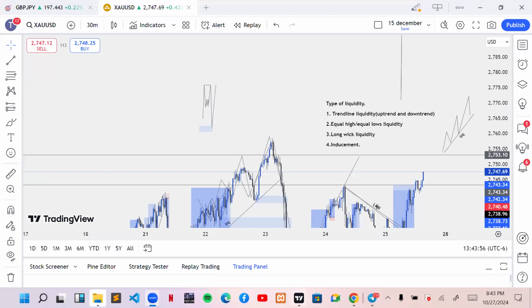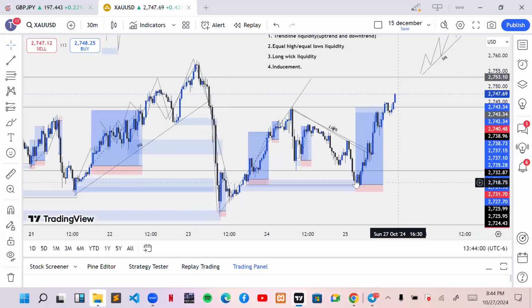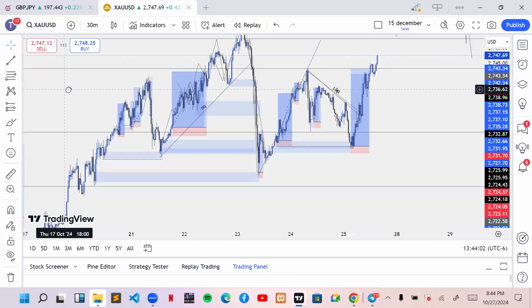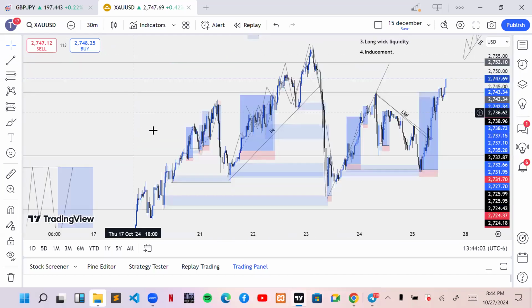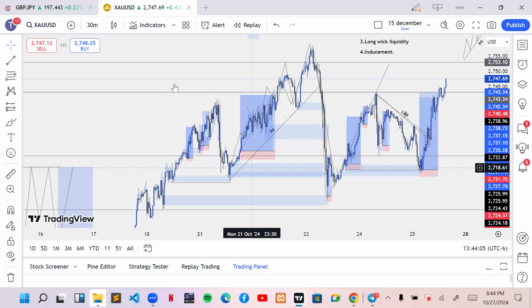My buy setup on gold, the three consecutive buys that I had on gold. Okay, where is it?